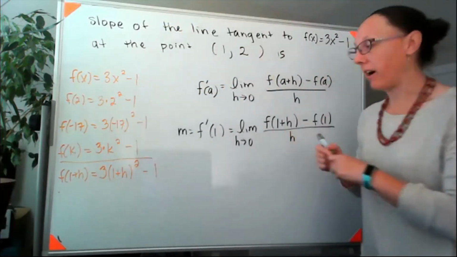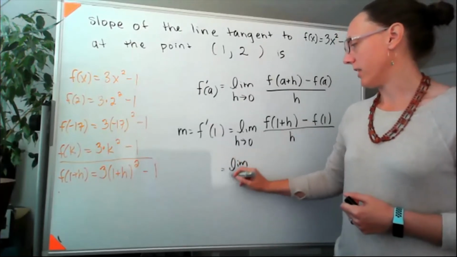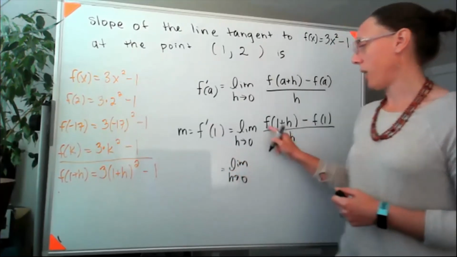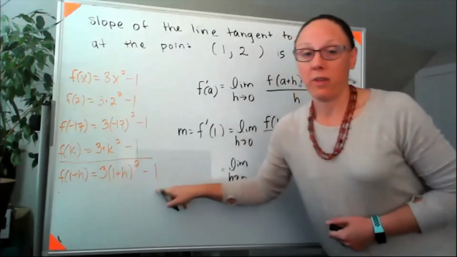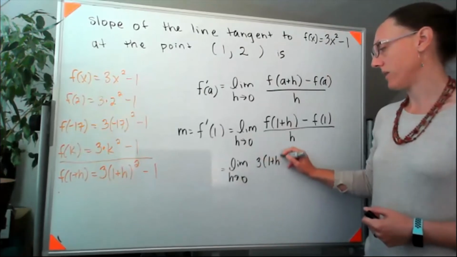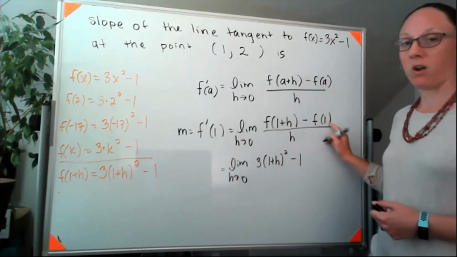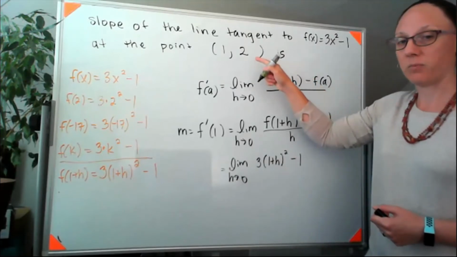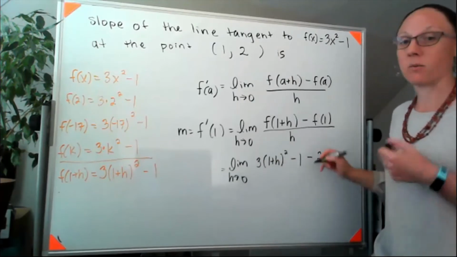This was just a review of how our function notation works. So I'm coming back over here and I'm going to have a limit as h approaches 0, and I'm replacing that f of 1 plus h with that piece we just found. 3 times (1 plus h) squared minus 1. And f of 1 is 2, so I'm subtracting 2.